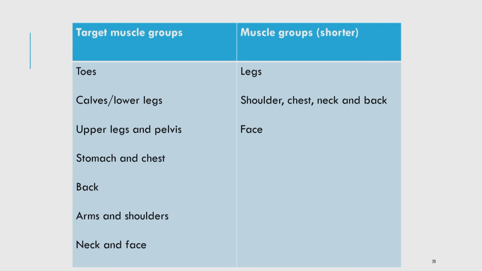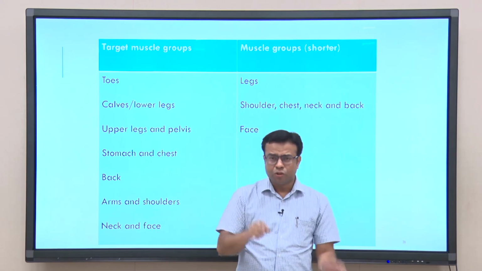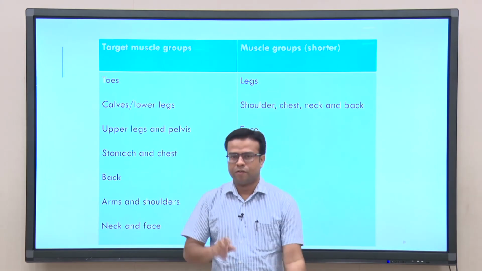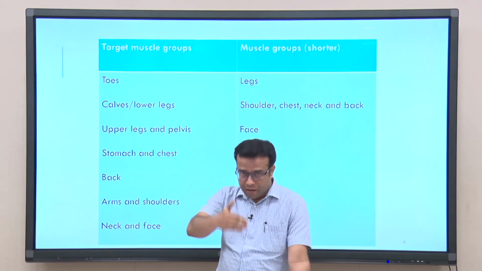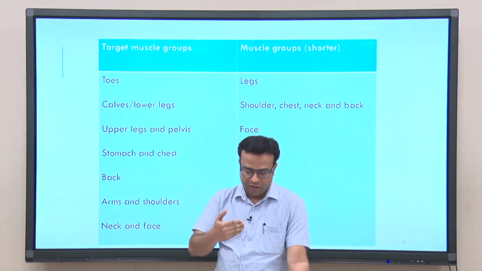You can just tense the muscles in the feet. You can find out the ways of tensing it; it can be done very easily. So, this could be one separate muscle group. Then go a little upper side of the body.